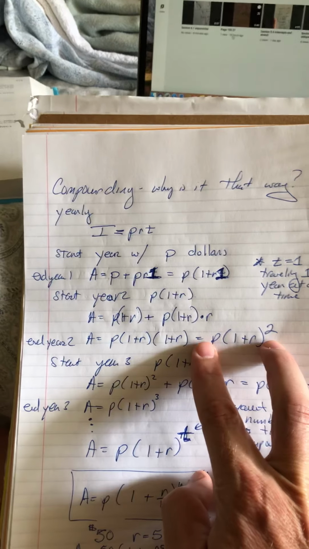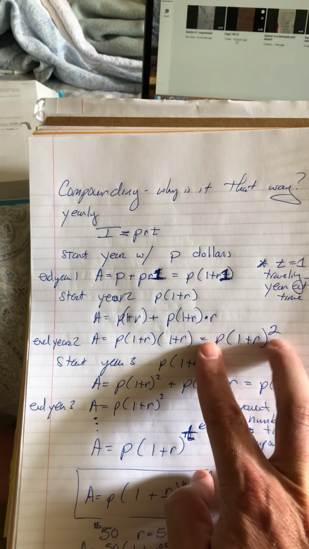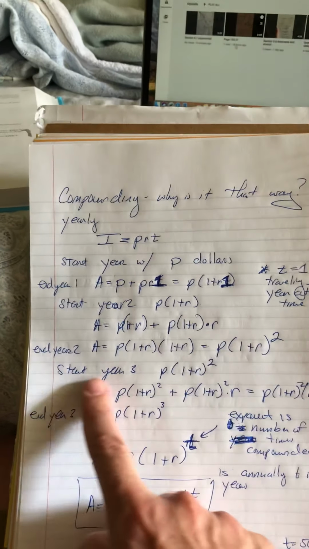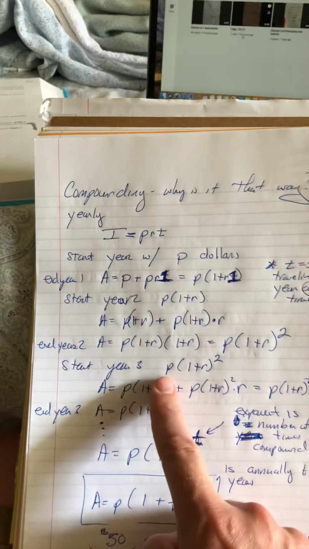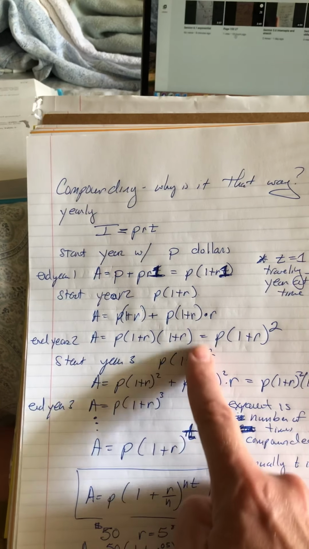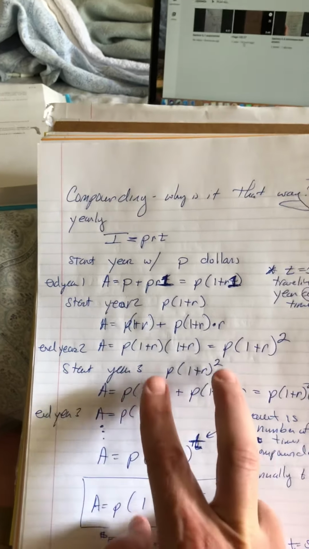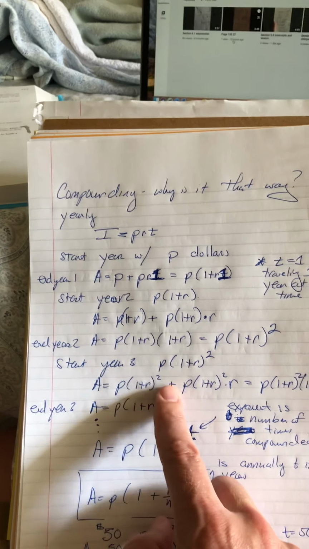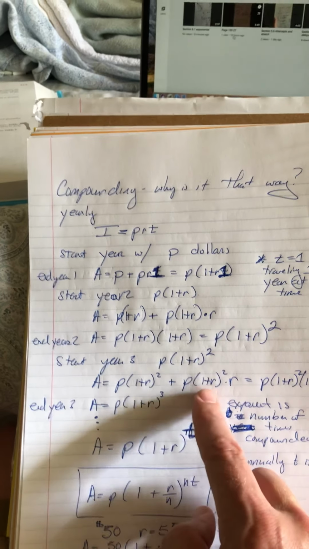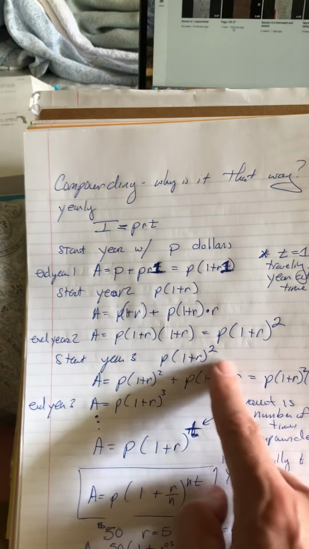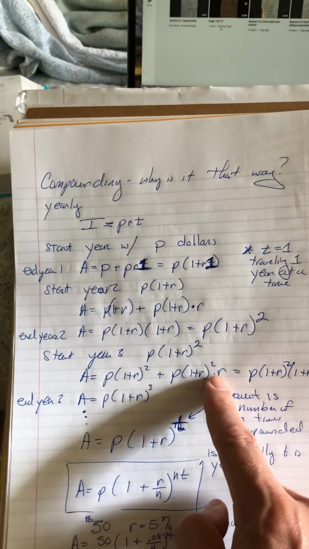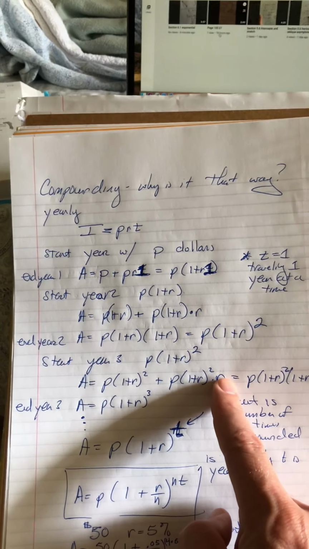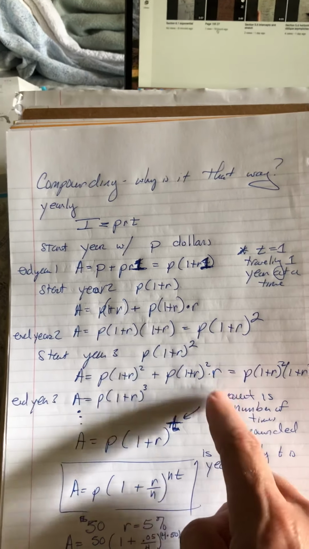This is now the value that we have in the bank at the start of year 3. It's the P times 1 plus R to the second power. Well, that's our principal amount. So we're going to take our principal amount and we're going to add to that the interest amount. Well, the way you determine interest is you take your principal, you multiply it by your rate, and remember our T is 1 because we're dealing with 1 year increments.